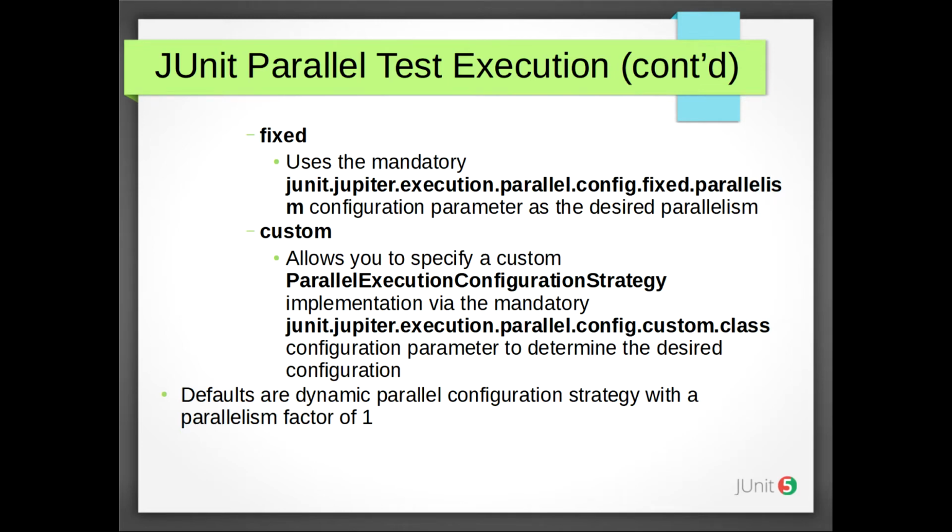So if you use the fixed value, you must use this configuration parameter. And I'm going to give you 20 seconds to write out junit.jupiter.execution.parallel.config.fixed.parallelism.